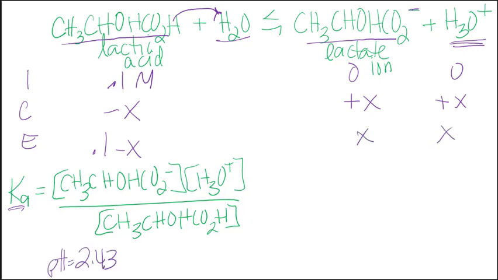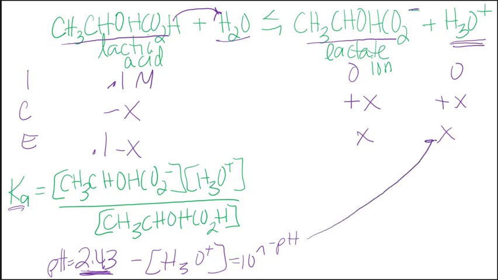I was told on the page before that the pH was 2.43. Well, if I know the pH, I can find the hydronium ion concentration by doing 10 raised to the negative pH. And if I know that, I can plug the value into my hydronium ion concentration here at equilibrium. That gave me 0.003715. So that's my value of x.